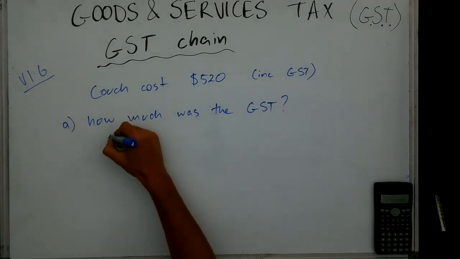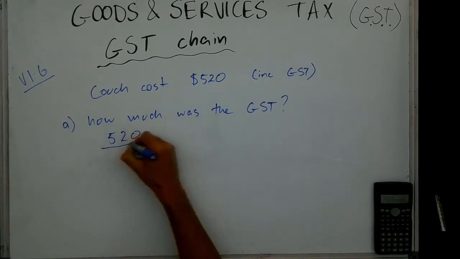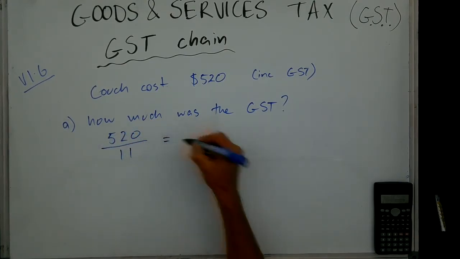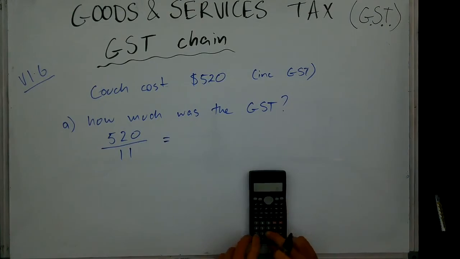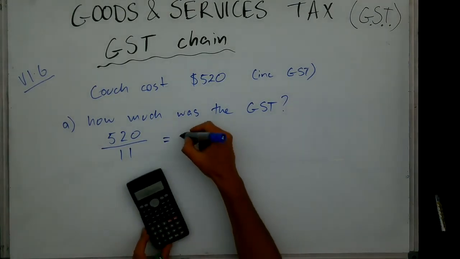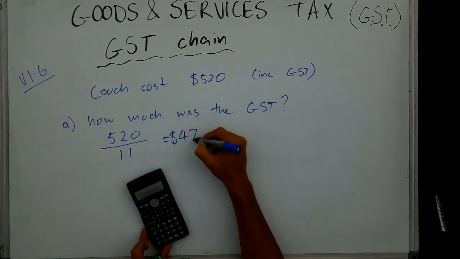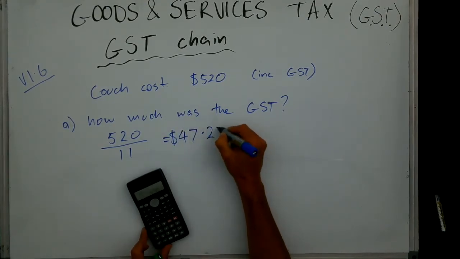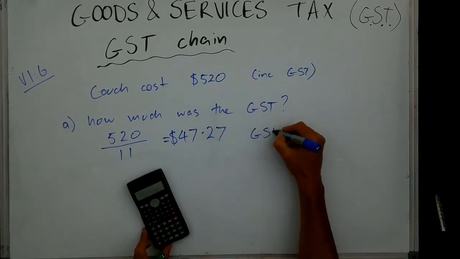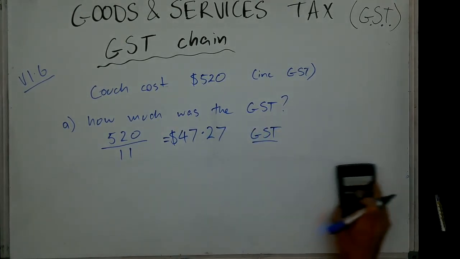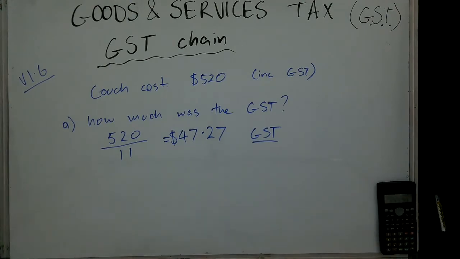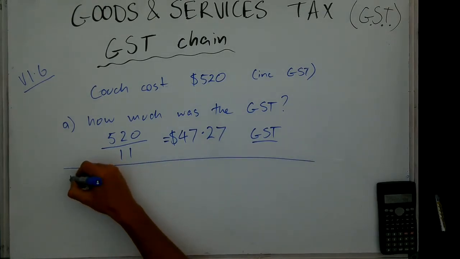Okay, so $520 divide by 11, which equals $47.27 GST. So that's same process again.